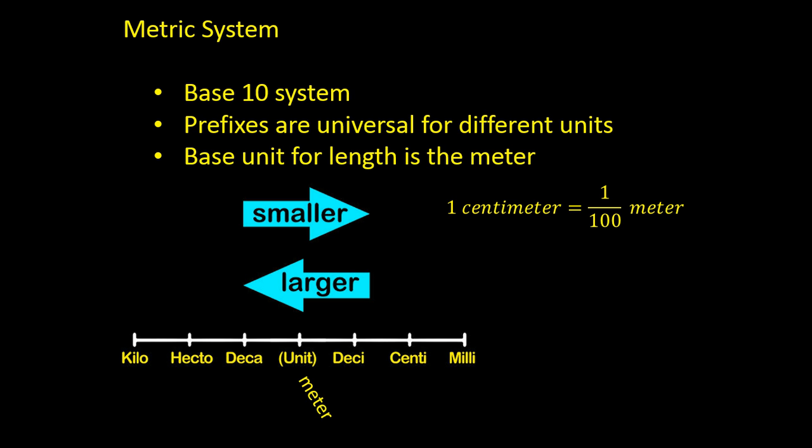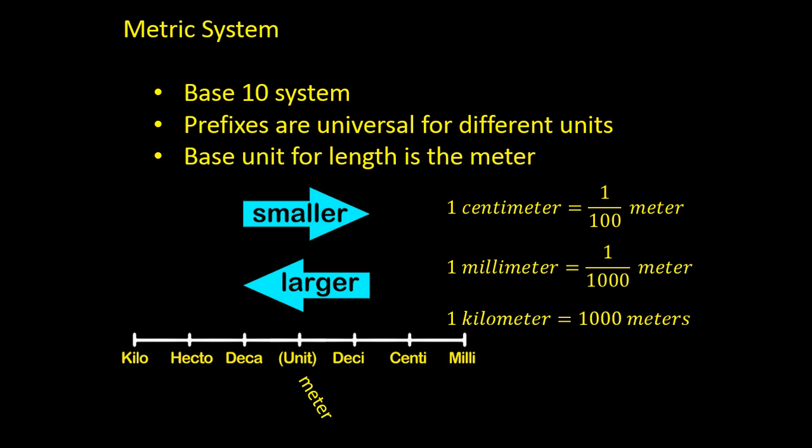So a centimeter is 1/100th of a meter. If we compare millimeters and meters, the milli prefix is 3 places to the right of our unit measurement, so that means it's 3 powers of 10 smaller than a meter. So a millimeter is 1/1000th of a meter.